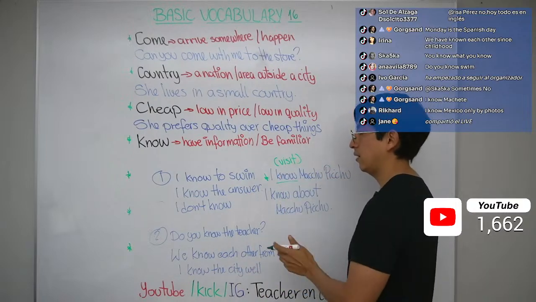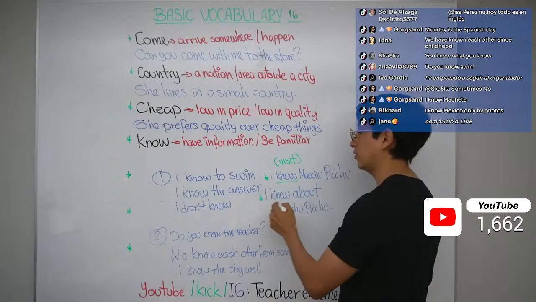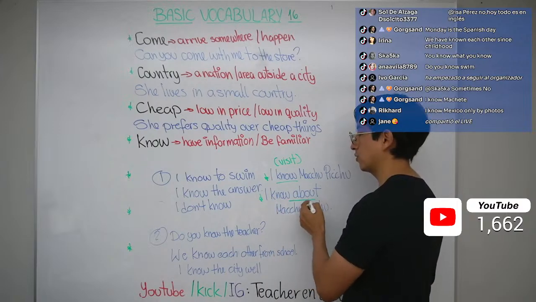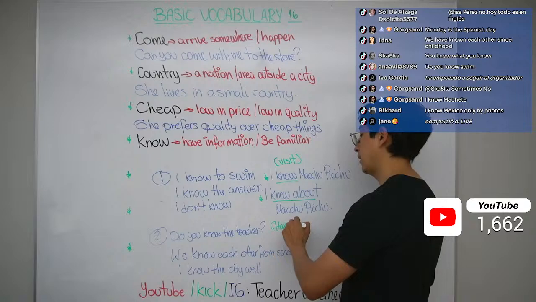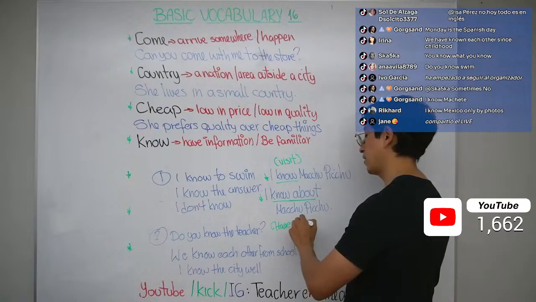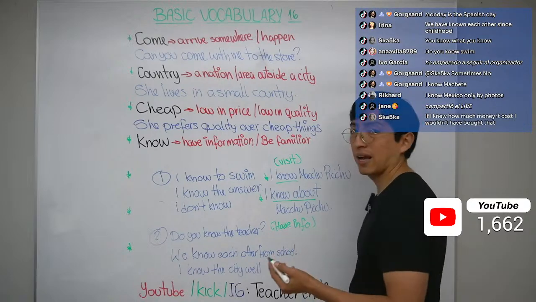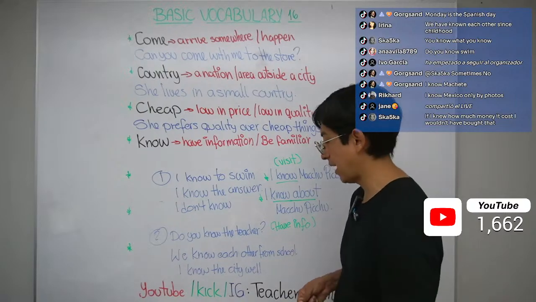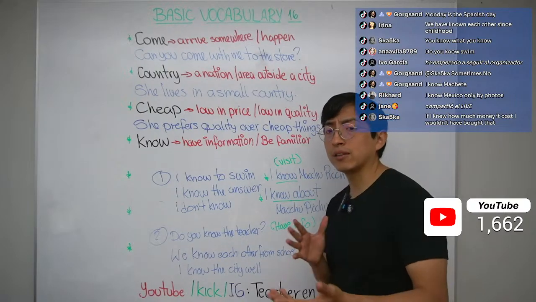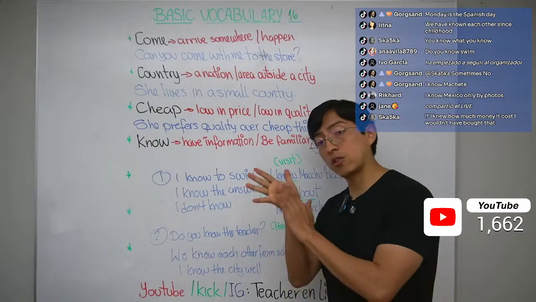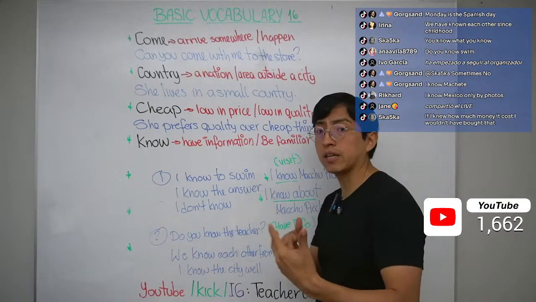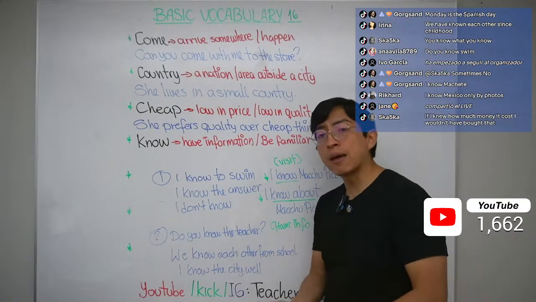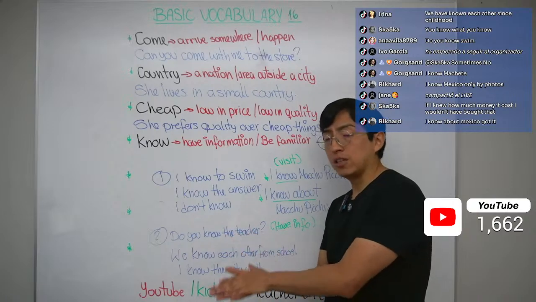Okay. But in the second case, if you say I know about Machu Picchu, know about, it means that I have information, just information. Okay, I know about Machu Picchu. It means like I've watched a documentary or I've watched some pictures. I've heard other people talking about Machu Picchu, but I've never been to this place.